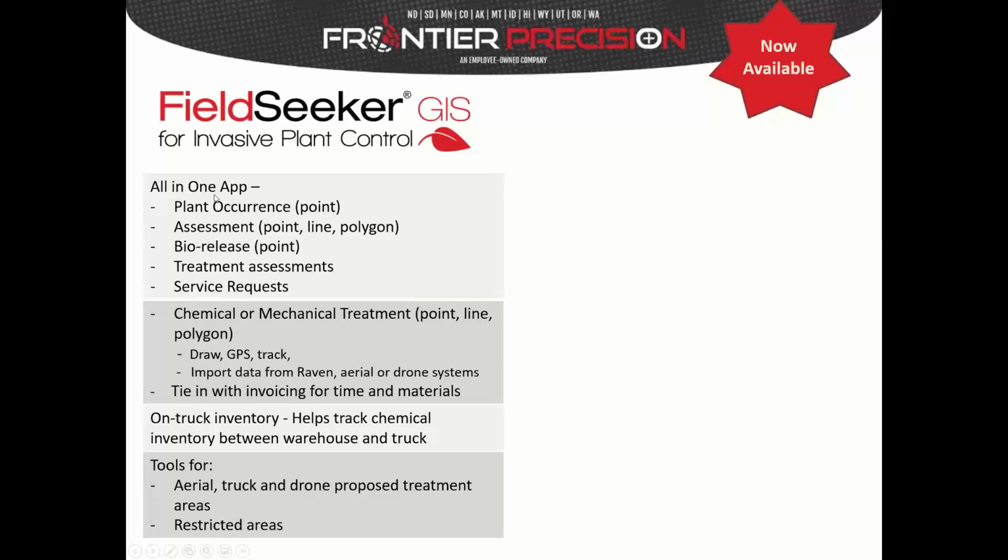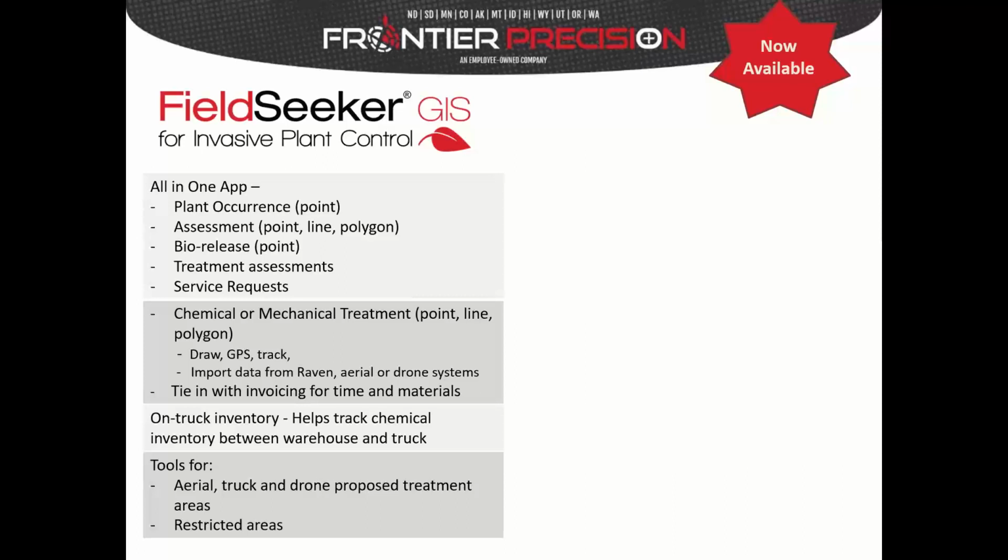So FieldSeeker is an all-in-one app, and it has the workflows for all the applications I mentioned before. In regards to the chemical or mechanical treatment, you can either draw in or use GPS to create the point, line, or polygon for treatment sites.